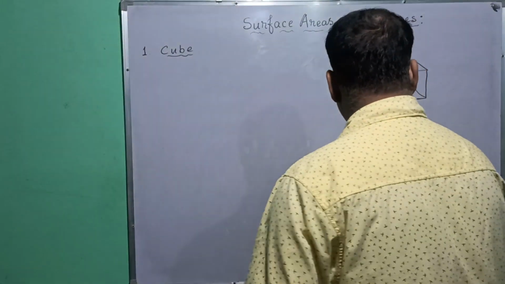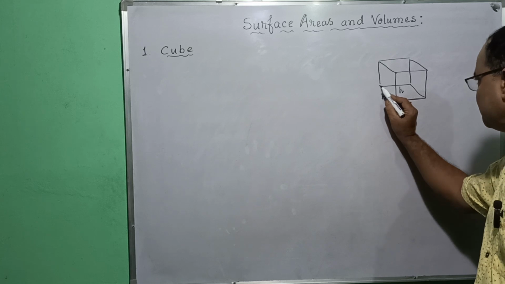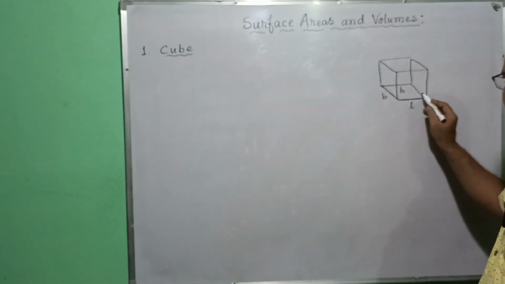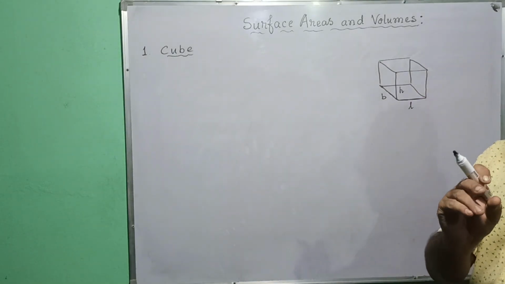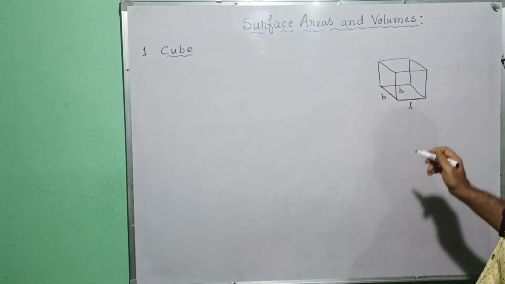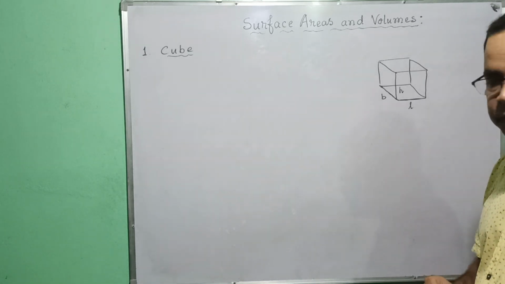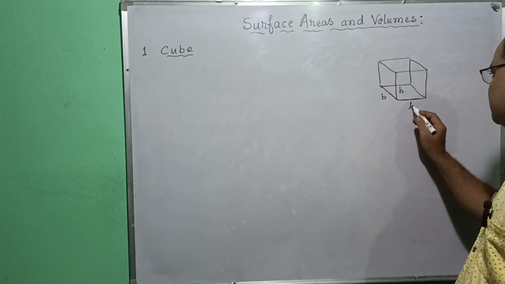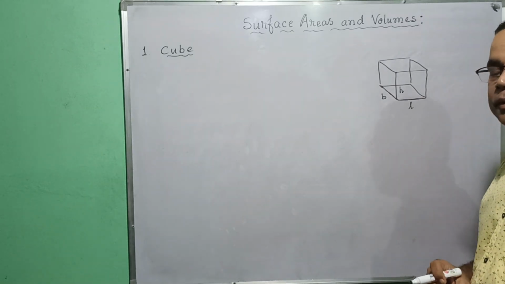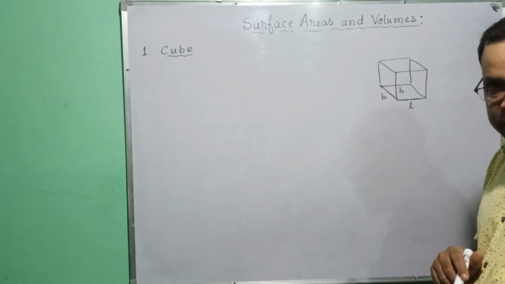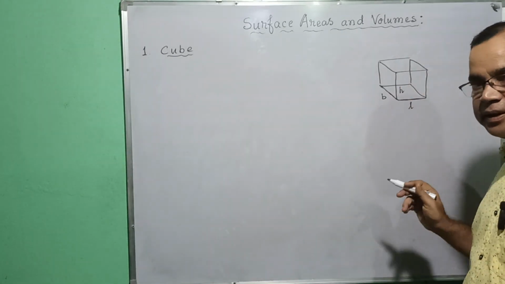So what is the size, or you can say area, of one face? The area of one face, it is the shape of a square, and in a square we know that the area of a square is side into side. As it is L, the area of one face will be L into L, equal to L square, and there are a total of 6 faces.